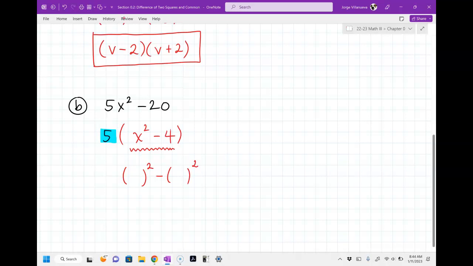So what squared is x squared? Just x. What squared is 4? 2. So that x squared minus 2 squared, I can write it as x minus 2, x plus 2. But don't forget about that 5 that was up on top originally. So here's your final answer.